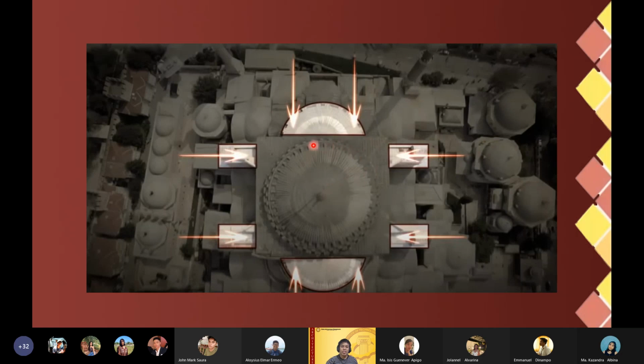Again, no? If you notice, this dome right here is quite big. And if you don't have these buttresses, the term is buttresses, if you don't have this buttress right here, bungkag ni siya. No one would support this big dome in this kind of construction.